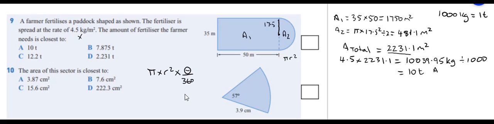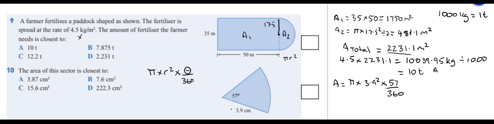So all we're doing now is replacing the r with 3.9 and the theta with 57. So it'll look like this. Area will equal pi times 3.9 squared times 57 over 360.